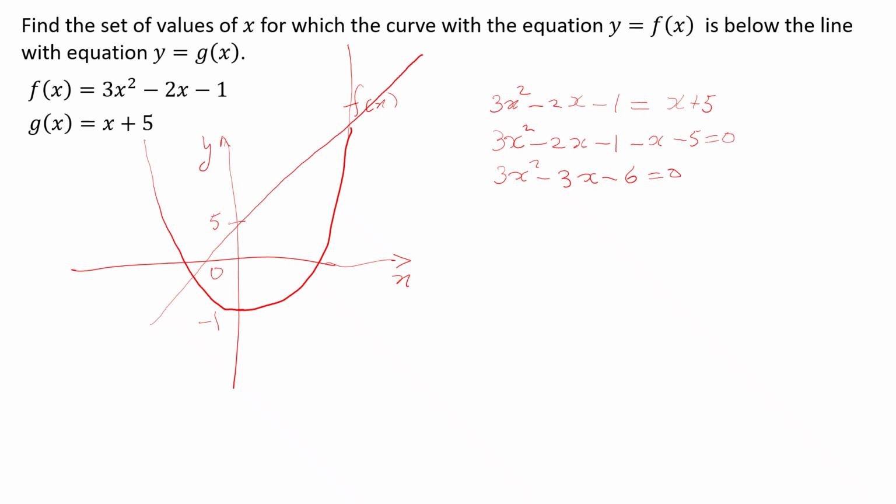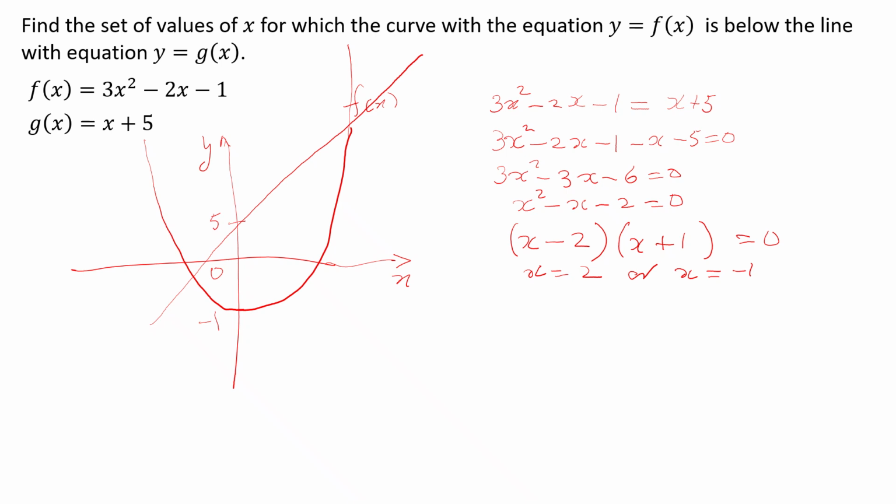So if I divide by 3, x squared minus x minus 2 equals 0. Now I am going to factorize. Multiply to negative 2, add to negative 1, so negative 2 and positive 1. So if x minus 2 equals 0, then x equals 2. If x plus 1 equals 0, x equals minus 1.